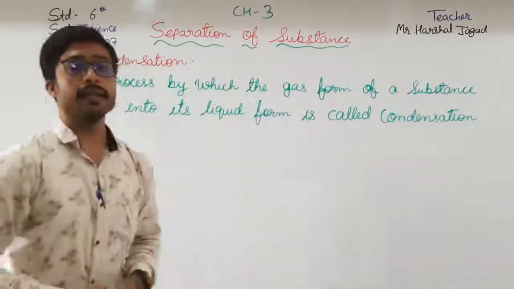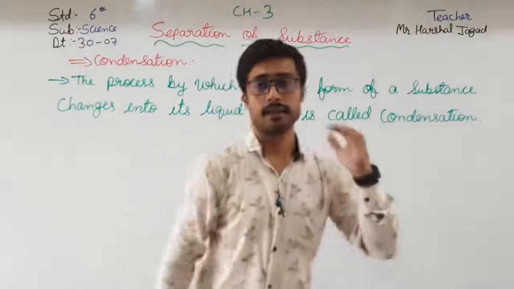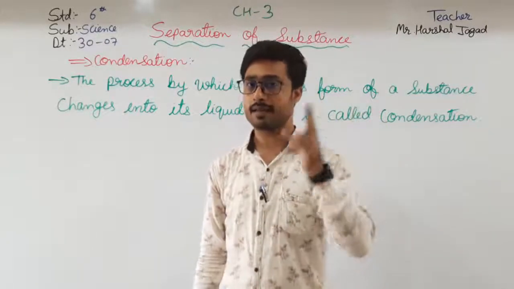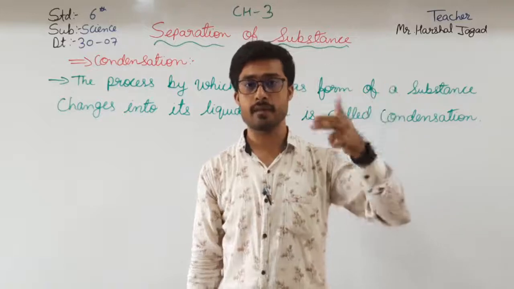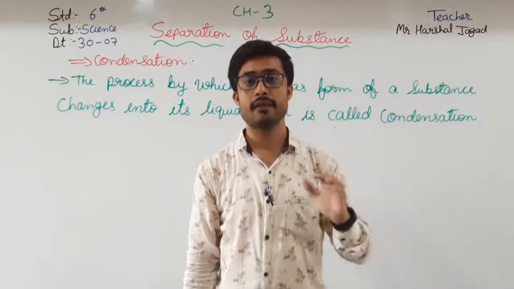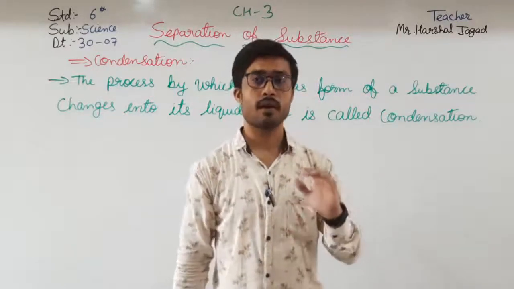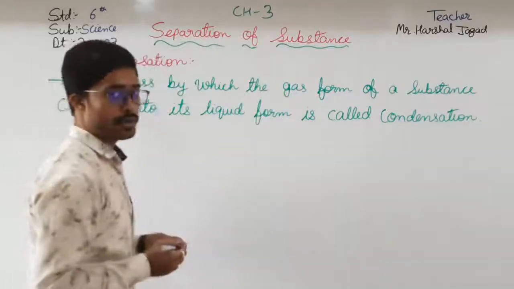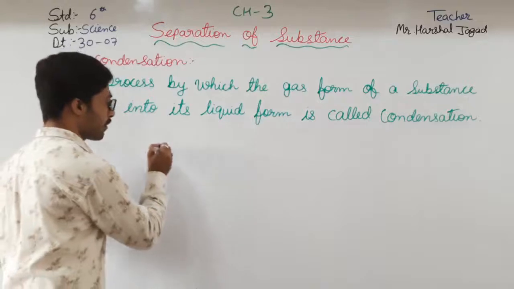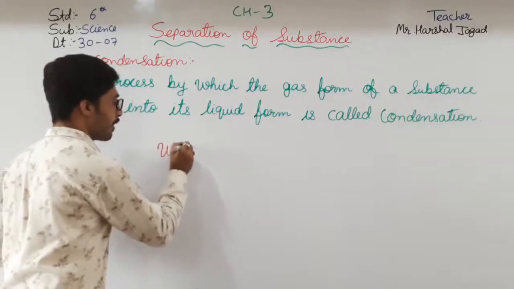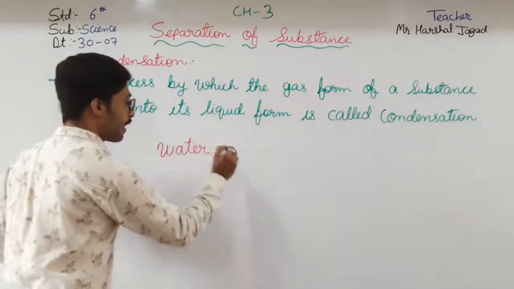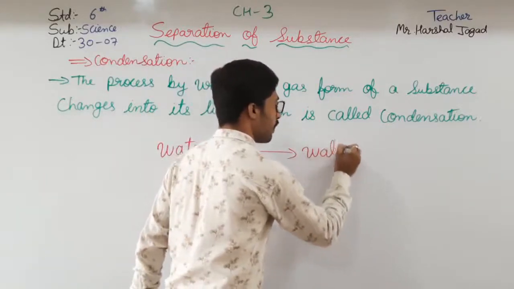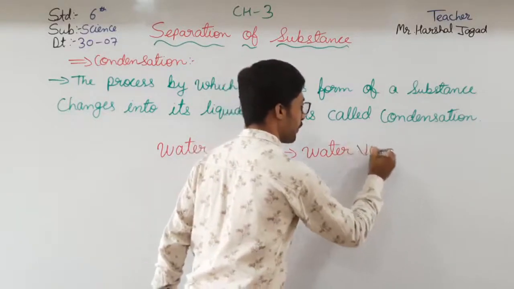Here in evaporation, the liquid form was converted into gas, but in condensation the gas form is converted back into liquid form. Let me give an example. The evaporation process can be, say, water converted into water vapor.